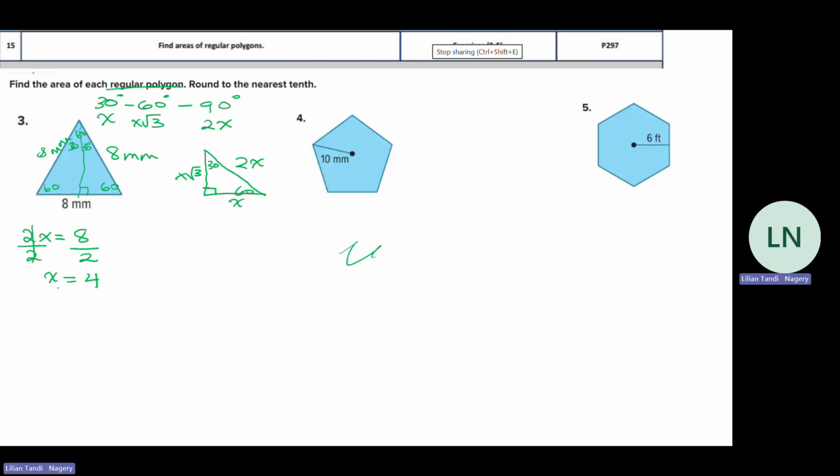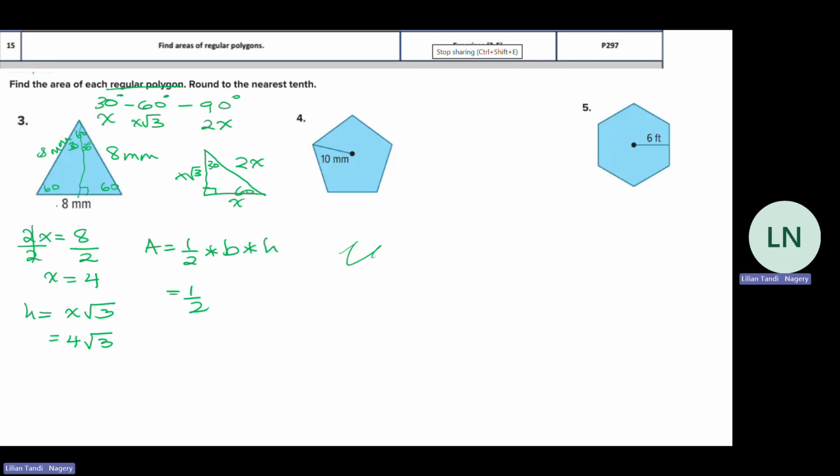All right. So if x is 4, my height will equal x square root 3, which means this is 4 square root 3, okay? Then I want to find area. So area of triangle is half times base times height.